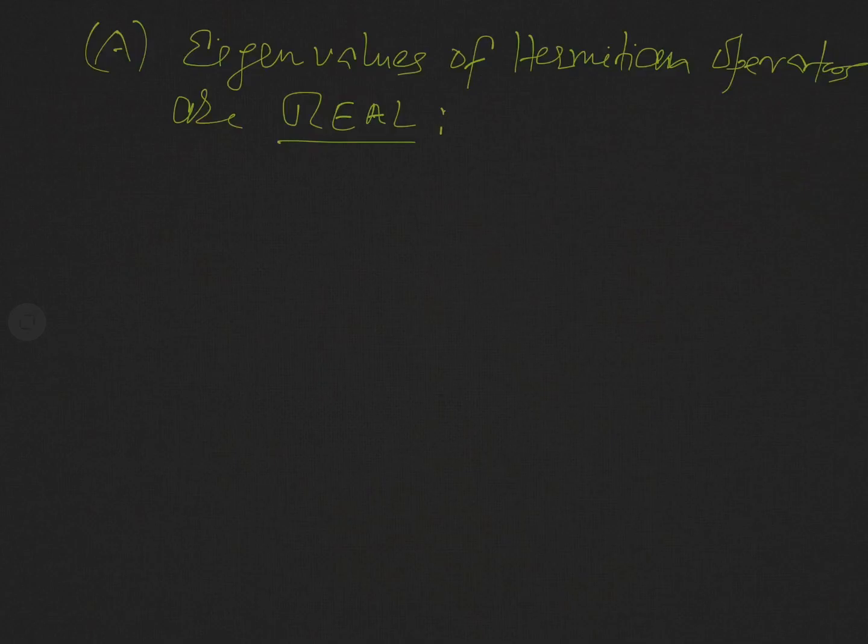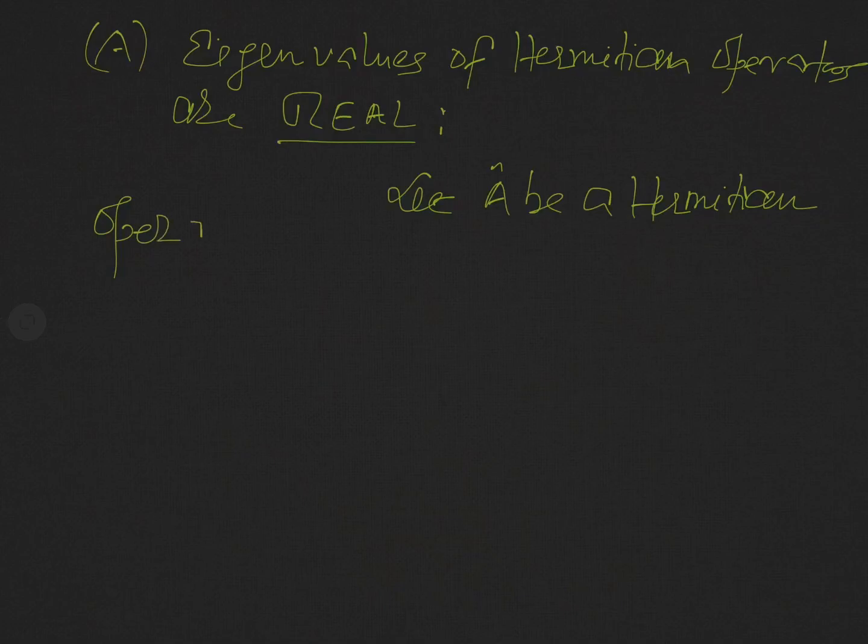To prove this property, let us consider an eigenfunction, or you may say Eigenket phi, and a Hermitian operator A. So let A be a Hermitian operator, and Ket phi is an Eigenket or Eigenfunction.